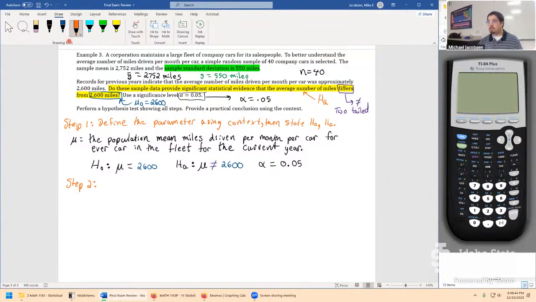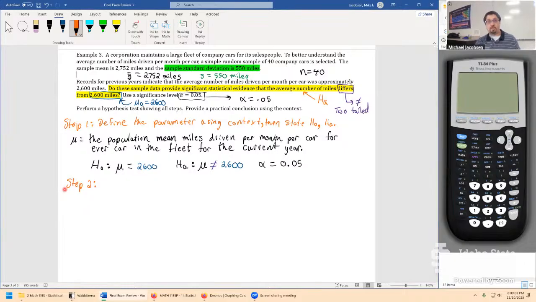Let's see here. I would say a good step two on this one is to compute the standard error for this one. Then after we have the standard error, we'll calculate the test statistic. So I want to keep it in the same order as we did before.